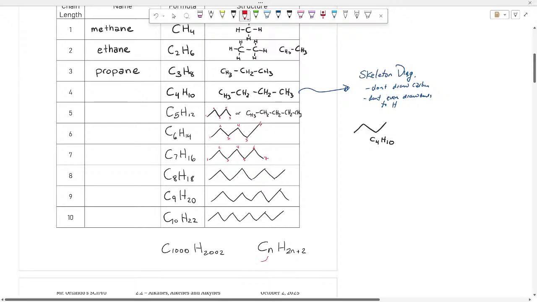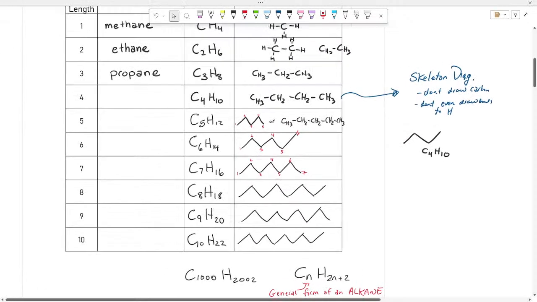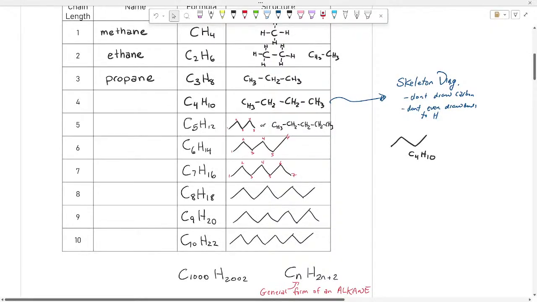So this is the general form of an alkane. It's just like a basic carbon hydrogen chain. That's right. An alkane is a basic chain made of carbon with hydrogen, such that there's no branches on a basic alkane.